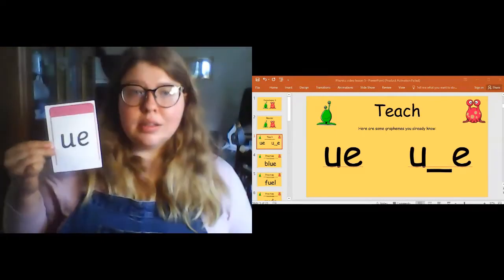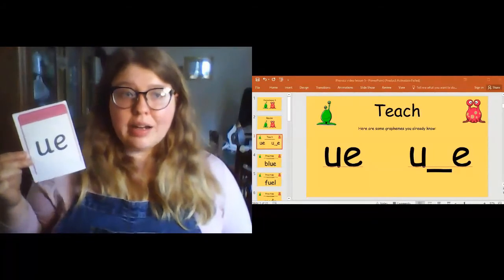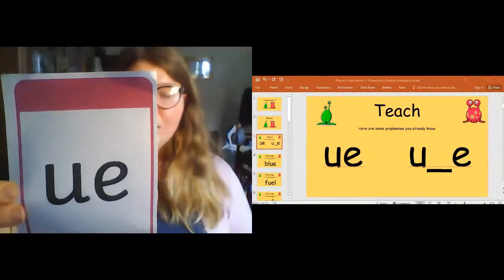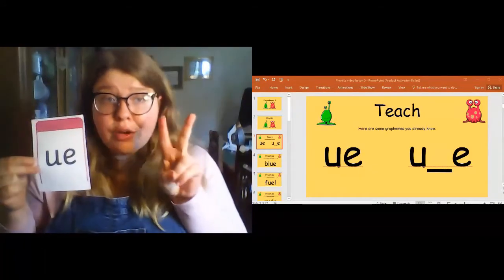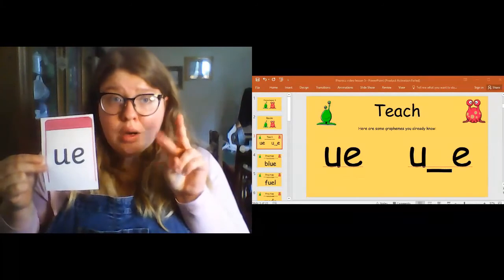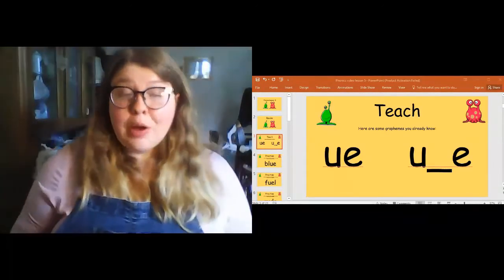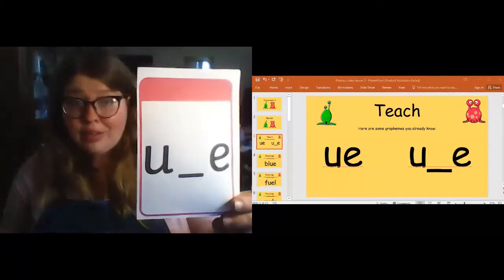Oo. U. Let's try that again. Oo. U. So this is a grapheme that has two phonemes. Oo and U. It's tricky, but it's the same with its split digraph.